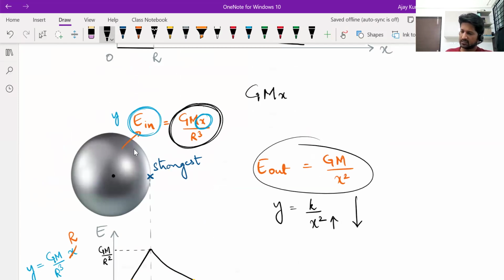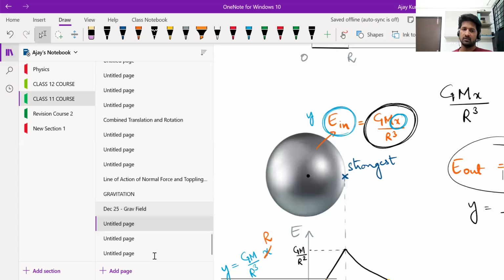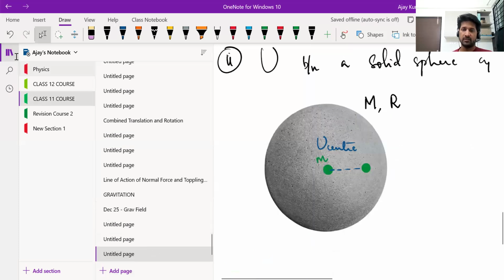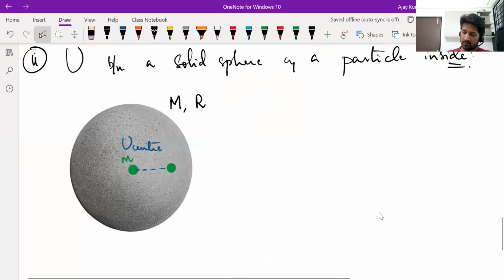It is GMx divided by r cube. The field is there and it's a variable field also, not even a constant or uniform field. Now, so what if there is a field? If there is a field, when you take the particle from position A to position B, work will be done on it. And if work is done, you will have another formula for final potential energy. Center potential energy will not be the same as potential energy anywhere else.